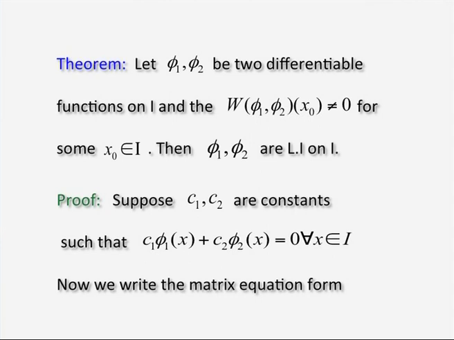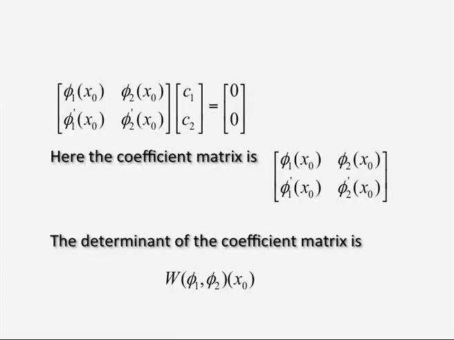Suppose C1, C2 are constants such that C1 φ1 plus C2 φ2 is equal to 0 for all x belongs to I. Now we write this equation in matrix form, that is a 2 by 2 matrix into a 2 by 1 matrix is equal to a 2 by 1 matrix.